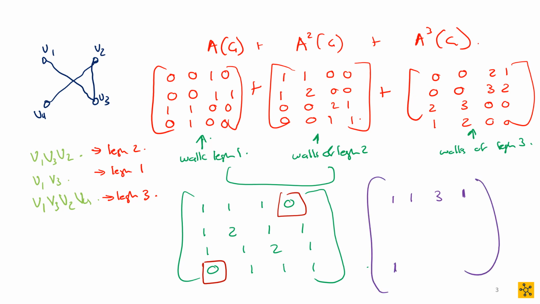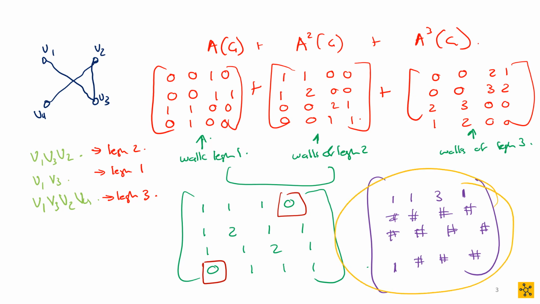So you're going to get all the rest to have values. I'm going to do this very lazily. But the whole idea is you could stop at this point because every element of this matrix C is non-zero. So there is a walk of length 3 from V1 to V4.